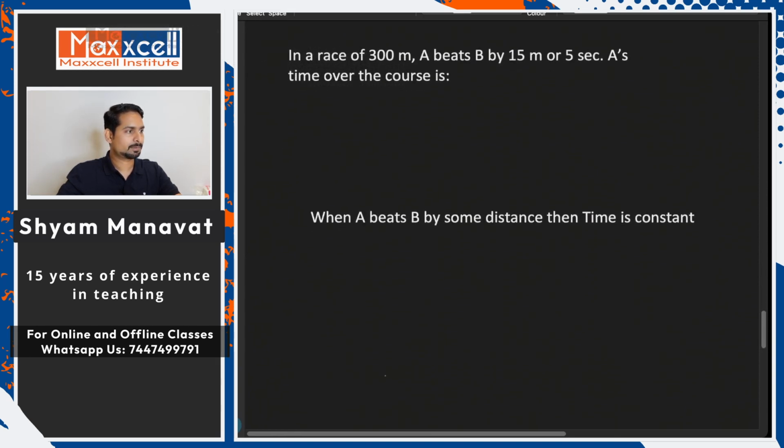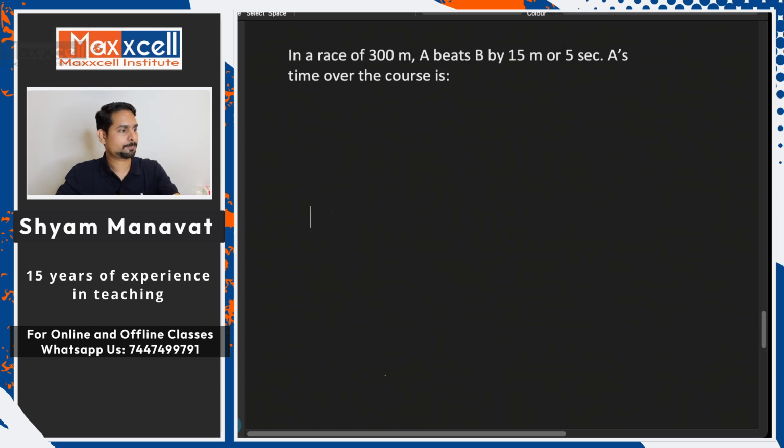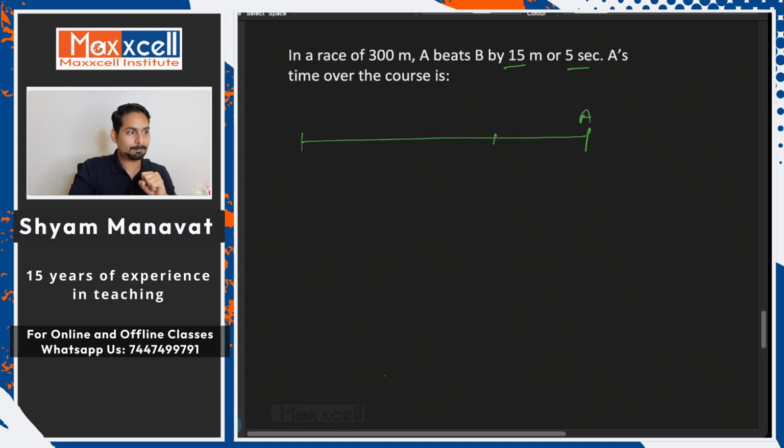So here I have something for you. The question says, in a race of 300 meters, A beats B by 15 meters or 5 seconds. That means, from the distance point of view, when A reaches the finish line, B is 15 meters behind, right?